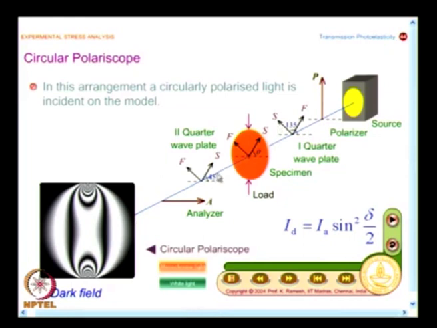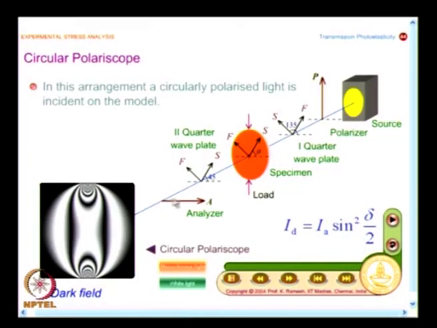What will happen here? You have a fast axis in the place of the slow axis of the first quarter wave plate, and a slow axis in the place of the fast axis of the first quarter wave plate. So, the amplitude of light is the same, and the slow and fast axes are interchanged. Whatever retardation is introduced in these two components, they are cancelled.